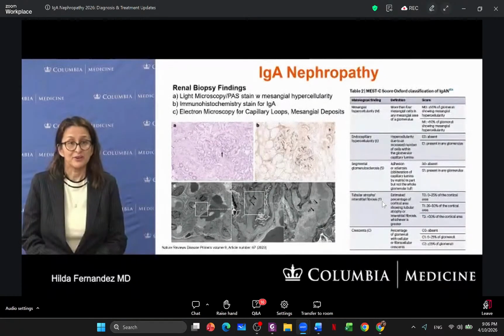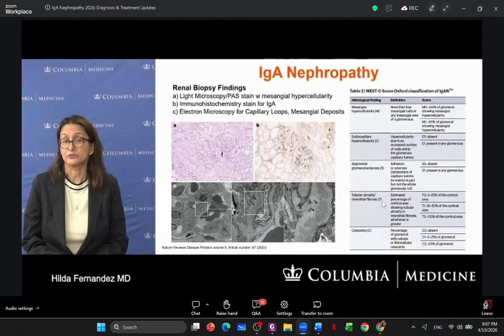And you have already heard a wonderful talk on IgA nephropathy and how to diagnose and how to score it according to the MEST-C. So we have the light microscopy here with PAS staining showing mesangial hypercellularity. We have immunohistochemistry screening for the IgA. We have the EM for capillary loops and mesangial deposits.